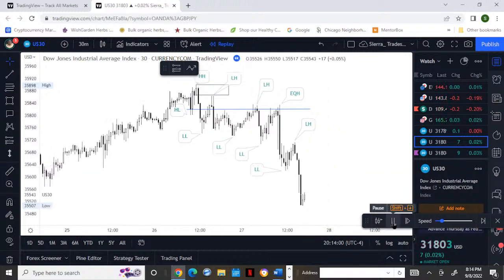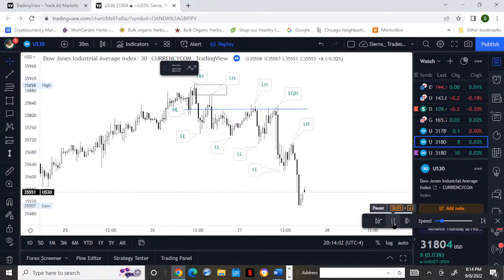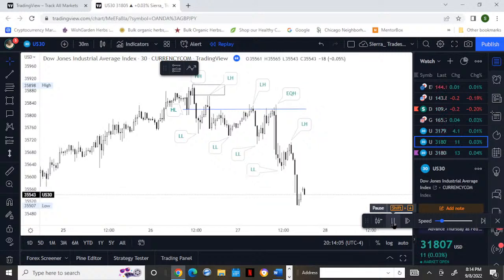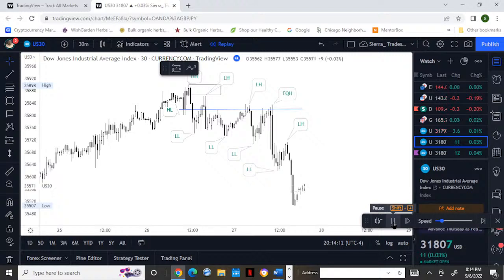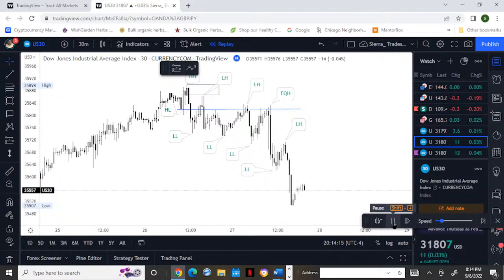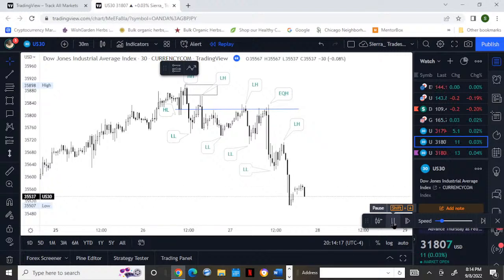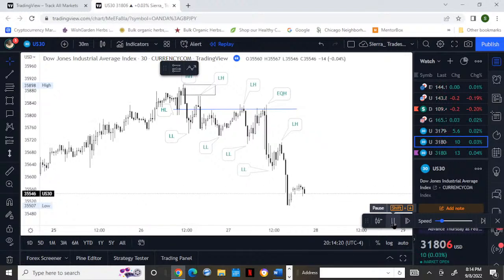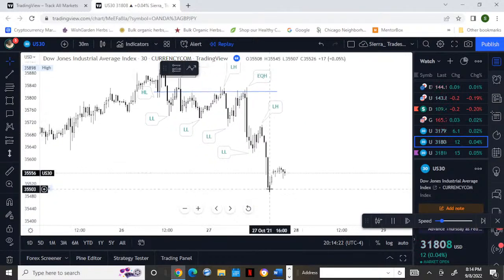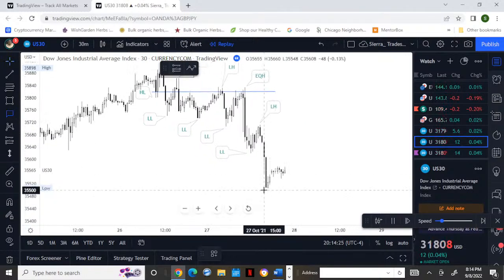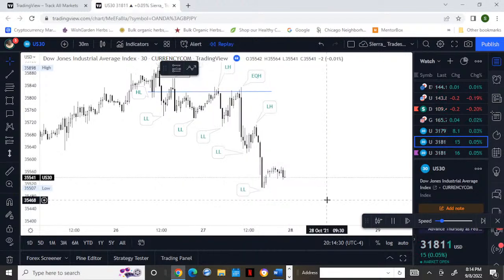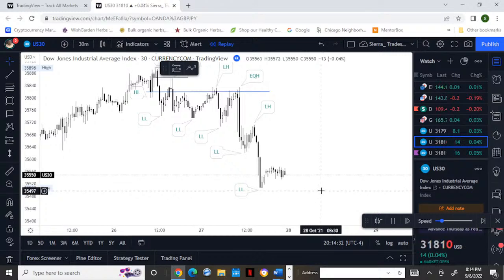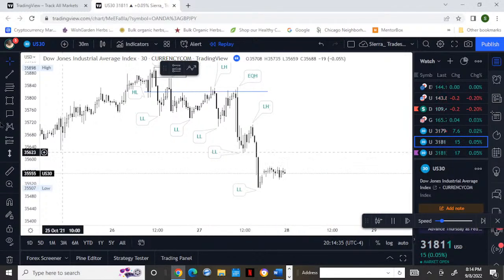All right, I'm going to keep playing because I want to catch an actual break of structure in action. All right, this looks like lower low here. Our lower high here.